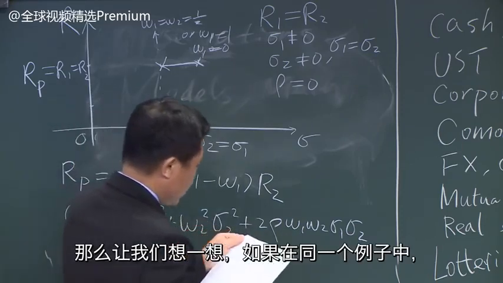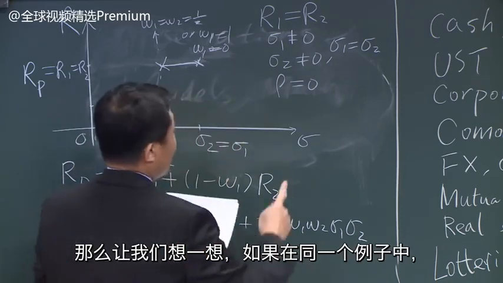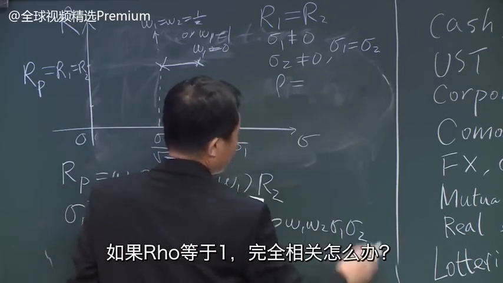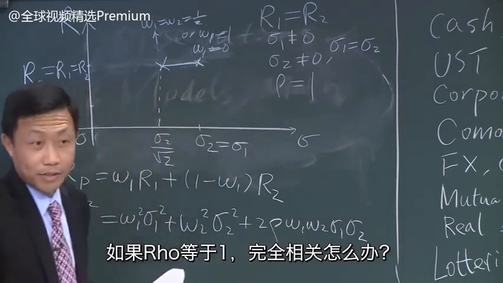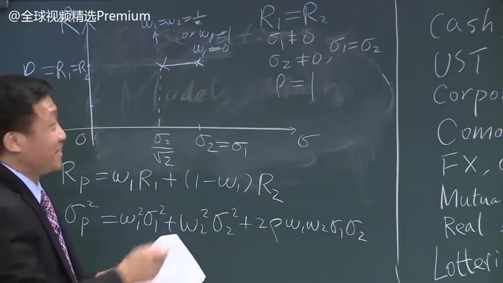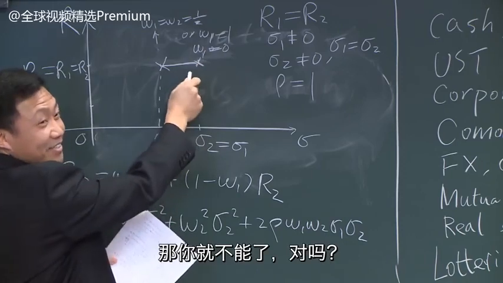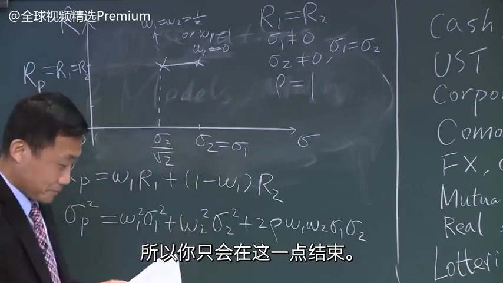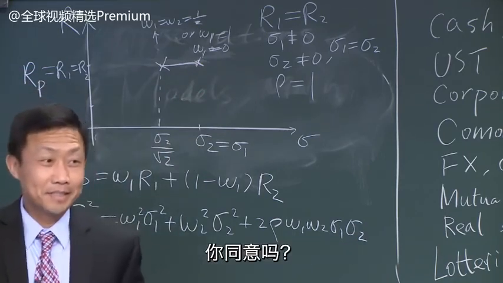So let's think about, what if in the same example, rho equals 1, perfectly correlated? Then you can't, right? So you end up just at this one point. You all agree? Okay.